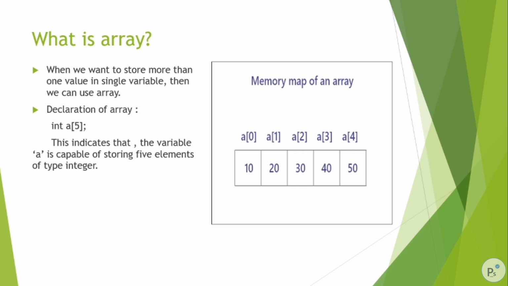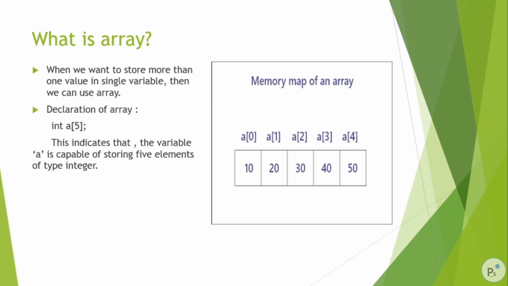Okay, so as you can see in the memory map of the array, this is how it works internally. When we store 5 integer values, let's take an example, 10, 20, 30, 40 and 50, internally it is stored in this way: a[0], a[1], a[2], a[3], a[4]. This 0, 1, 2, 3 is the index of that value.